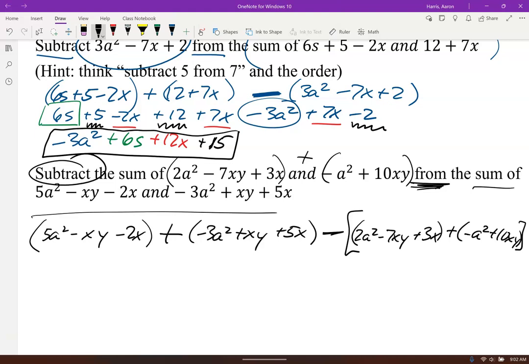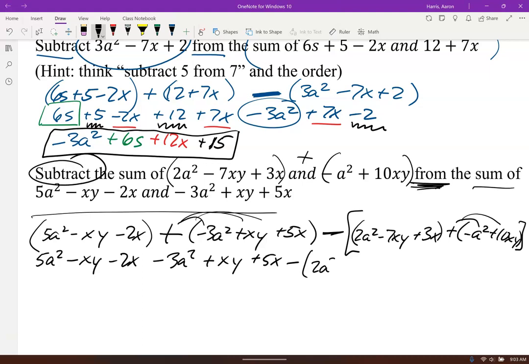All right, so let's work through this one. We got 5a squared minus xy minus 2x. Distribute the minus plus, which will not change those. And then over here, distribute that. I've got 2a squared minus 7xy plus 3x minus a squared plus 10xy.